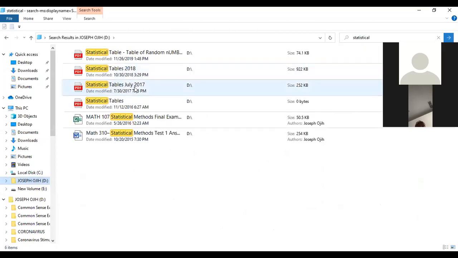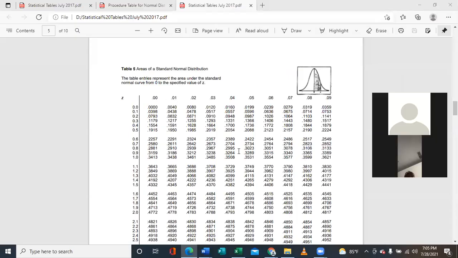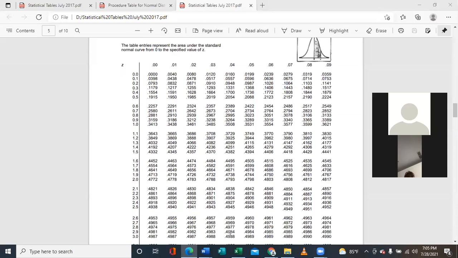So when we talk about the area, they mean those things that you found in this table here. Those things you found in this table, that's what they call the area. They are probabilities.